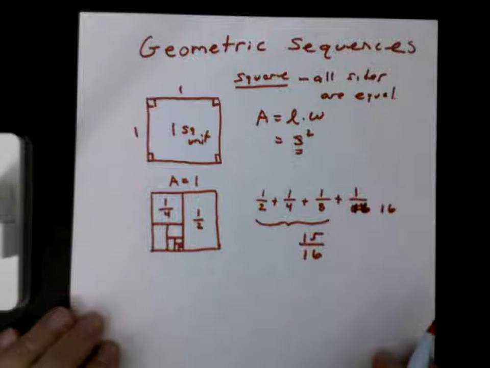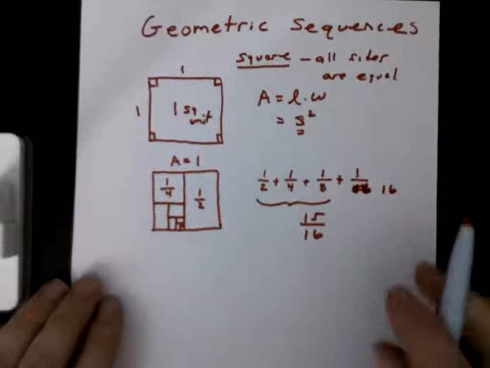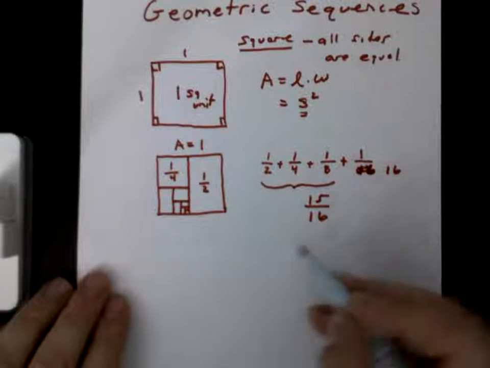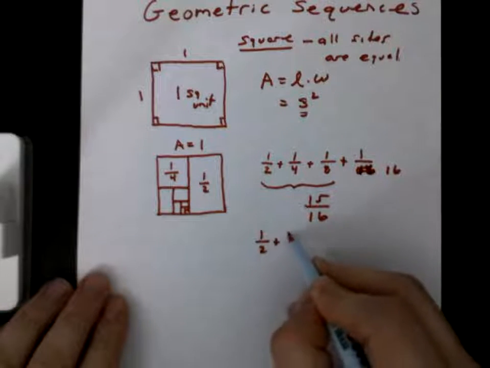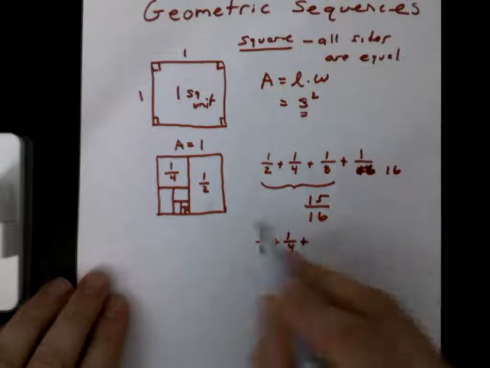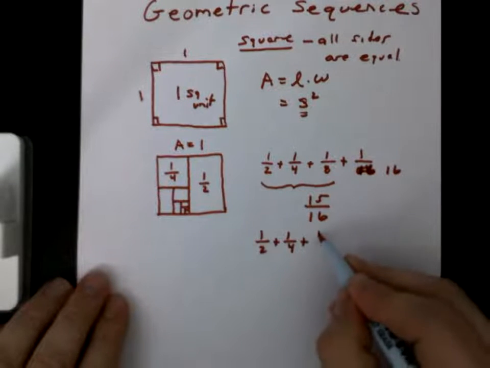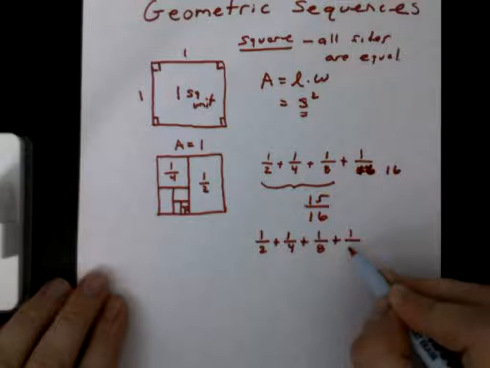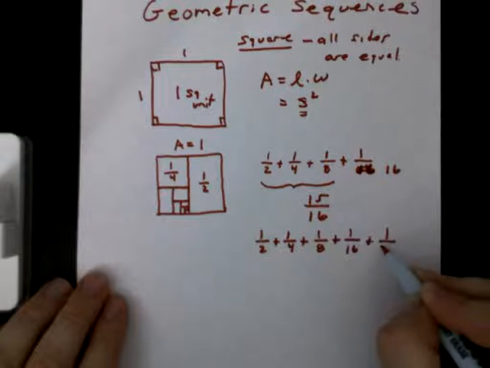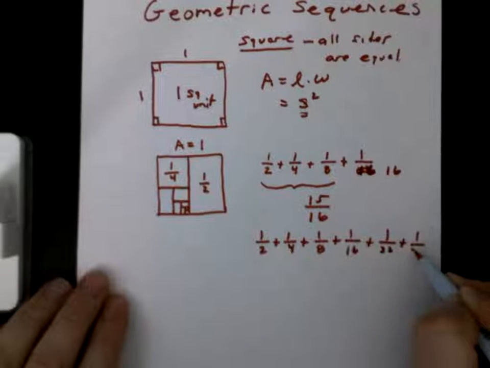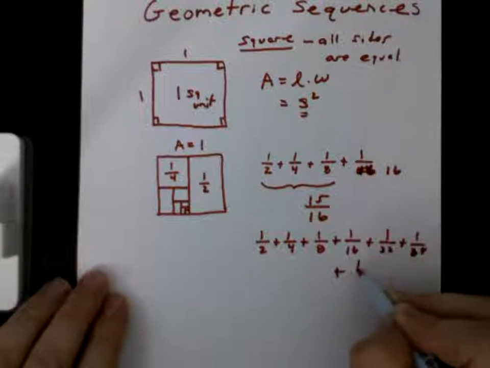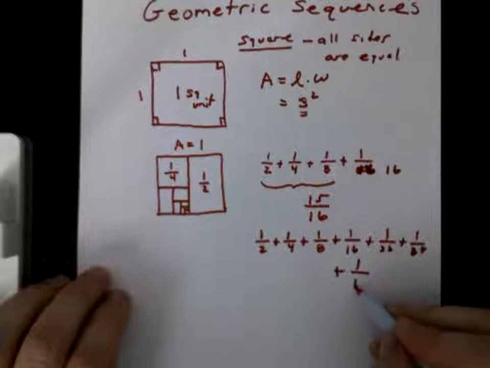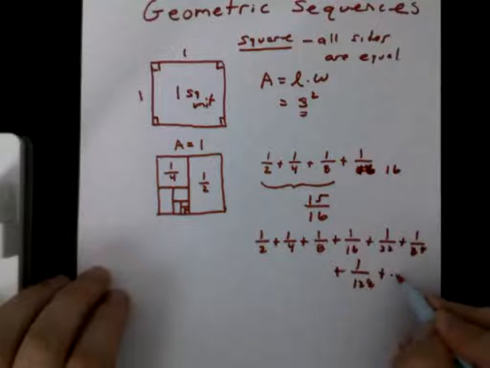What I want you to experiment with and discover is that if you kept on dividing by 2, that's 16, that's 32, that's 64, that is 128, and you're going to keep going and going.